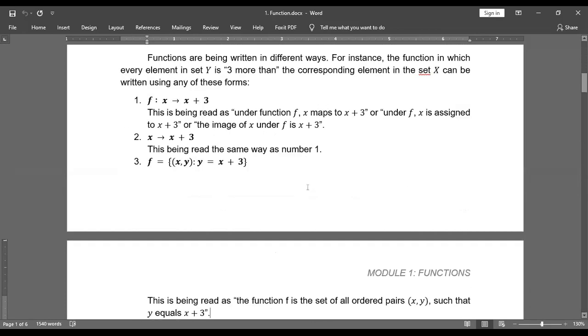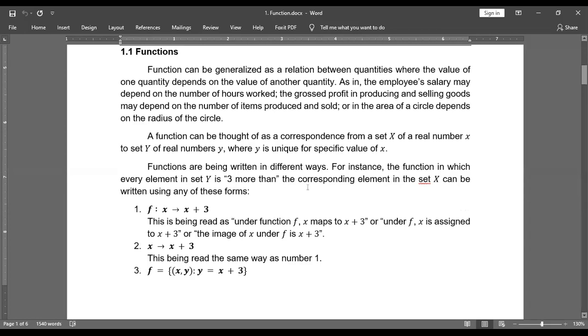Now to define function in a simpler way, we have this definition. A function can be generalized as a relation between quantities where the value of one quantity depends on the value of another quantity. So dependent. One of our values is dependent on the value of the other one.